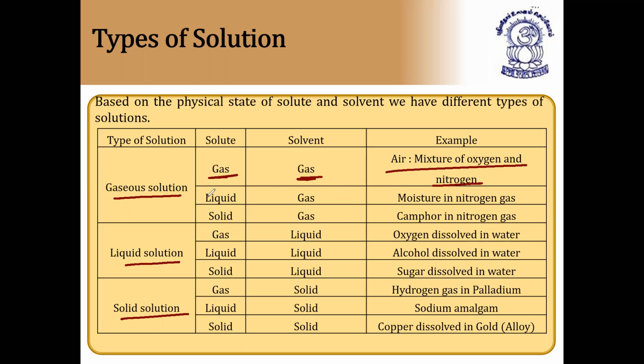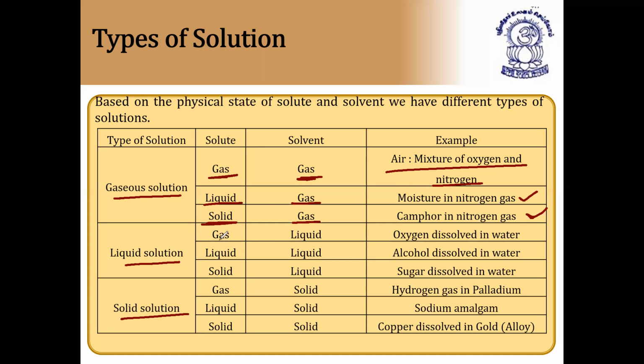Next, liquid in gas. Gas is solvent, liquid in gas. So moisture in nitrogen gas. That is also liquid in gas. Next, solid in gas. Camphor in nitrogen gas. So all these three are gaseous solutions because the solvent is gas. Next, liquid solution.